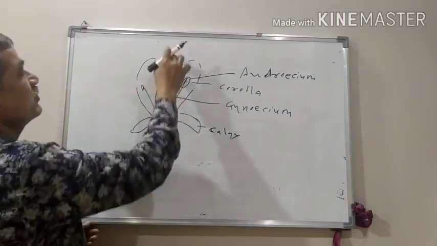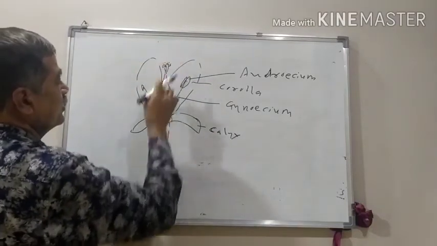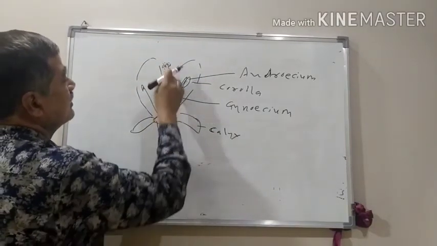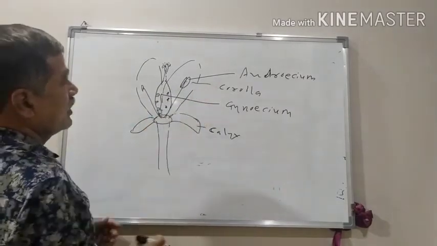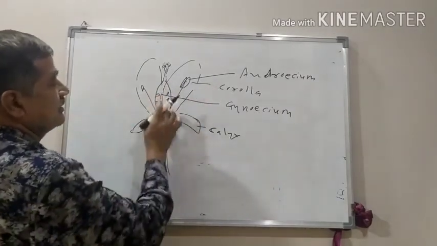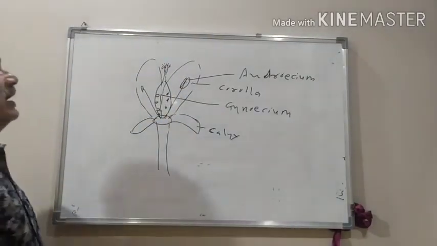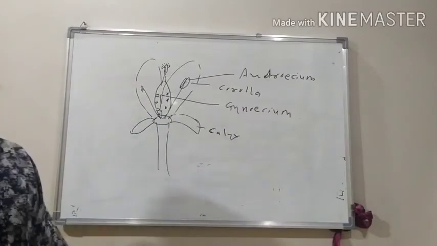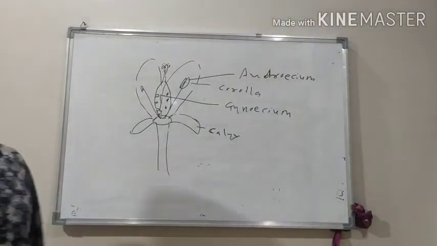It receives the pollen grains. Pollen grains germinate here, and the pollen tube migrates towards the embryo sac, and pollination and fertilization take place. Here, one main topic, the flower and the polyembryony of the angiosperm, we have completed.